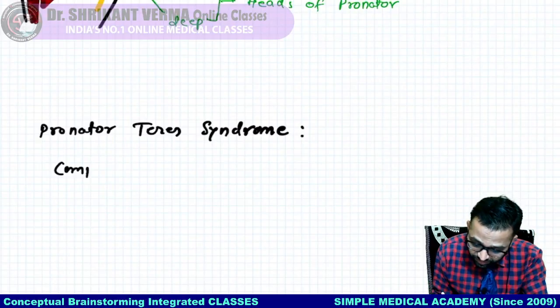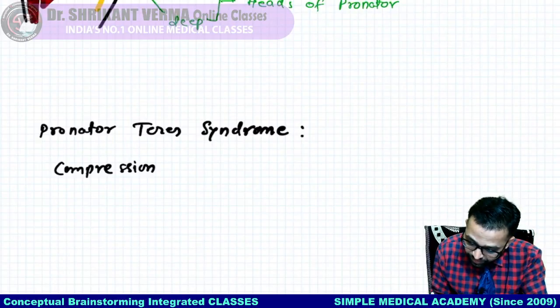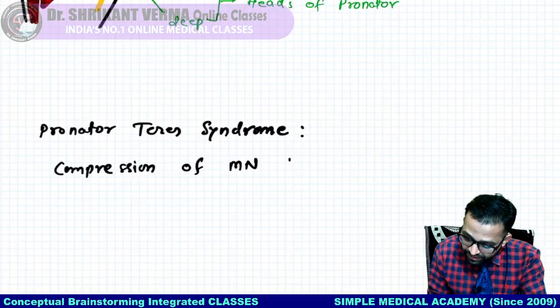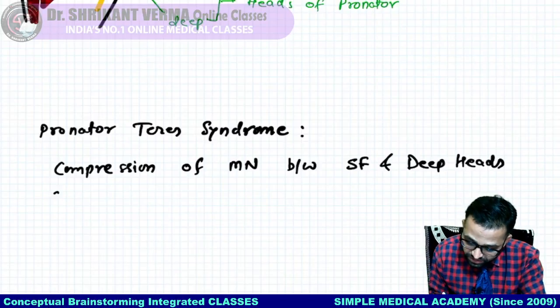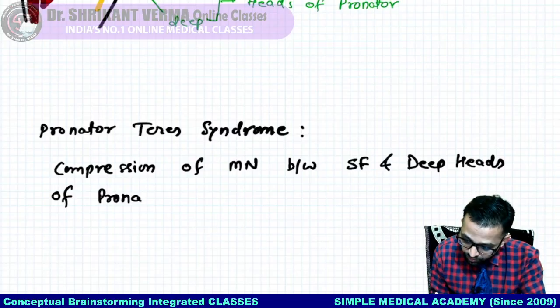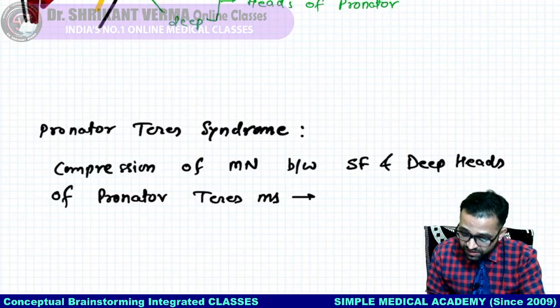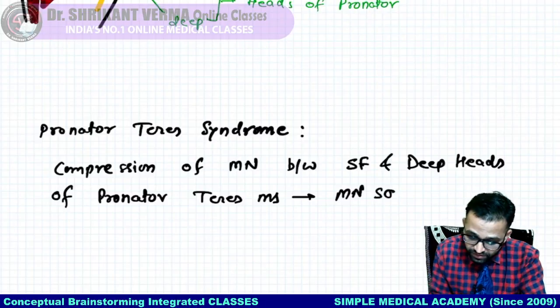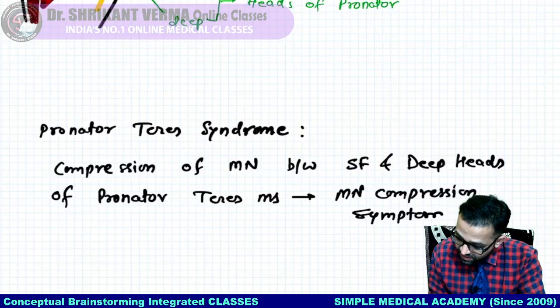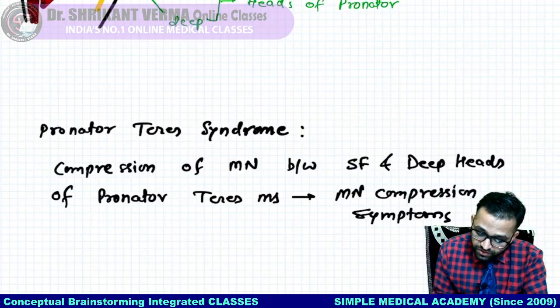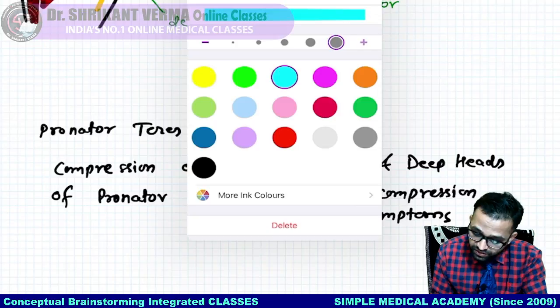Yes, remember, compression of median nerve between superficial and deep heads of pronator teres muscle. It results in median nerve compression symptoms. What are these different things we will see in our nerve part. Okay, so this clinical point we should remember.